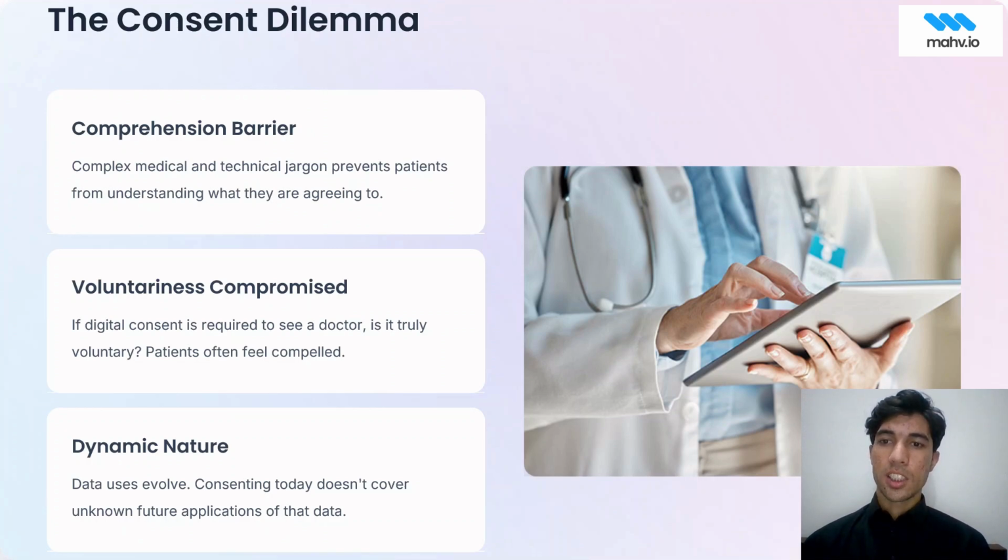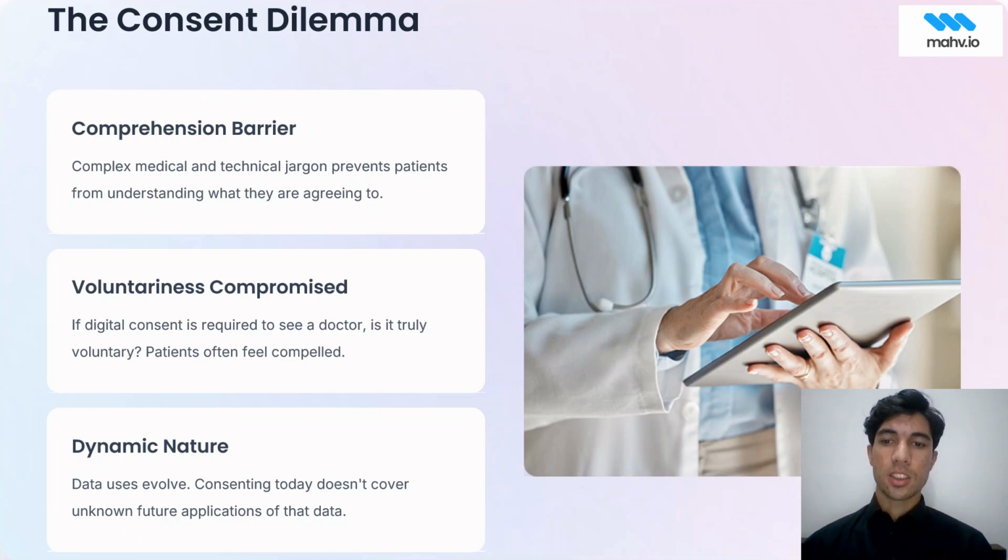Then there is voluntariness compromised. If digital consent is required to see a doctor, is it truly voluntary? Patients often feel compelled. So there is this voluntariness dilemma as well, and then the dynamic nature of data use.